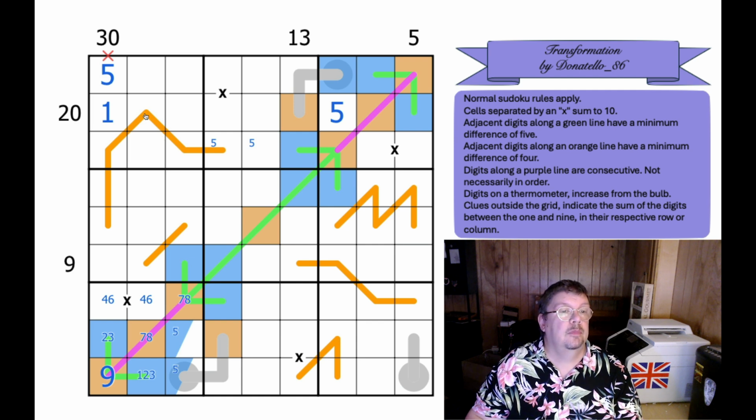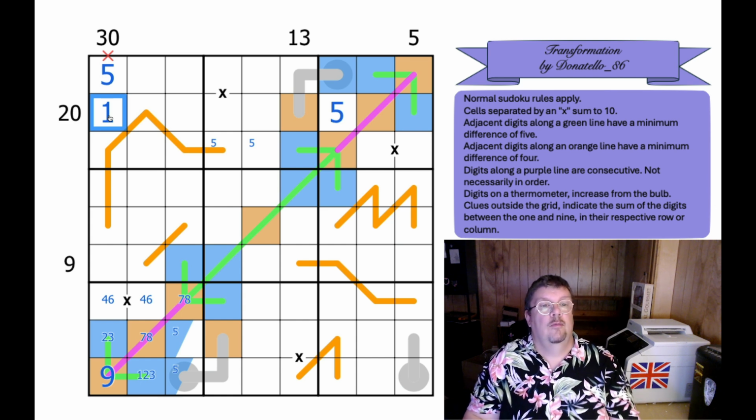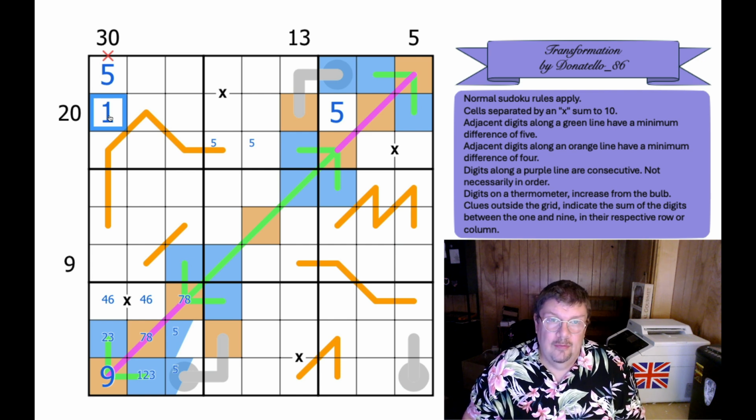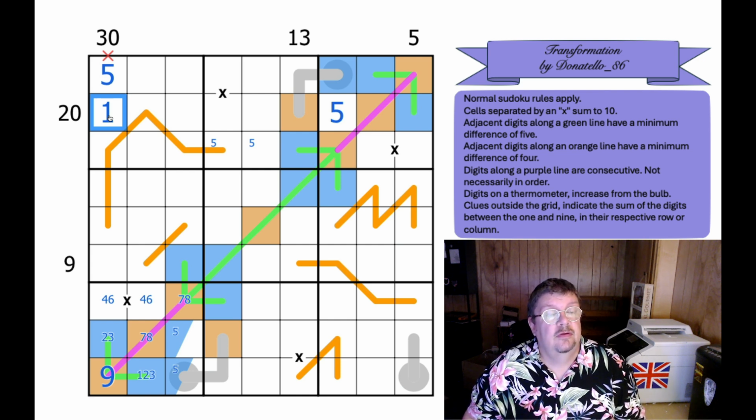Okay, this 20 clue next. I think that's useful because I have a 1 here. Now, I cannot do 20 in 2 digits because 7 and 8 are the 2 highest digits I have available to me, which makes 15. So it has to be at least 3 digits.